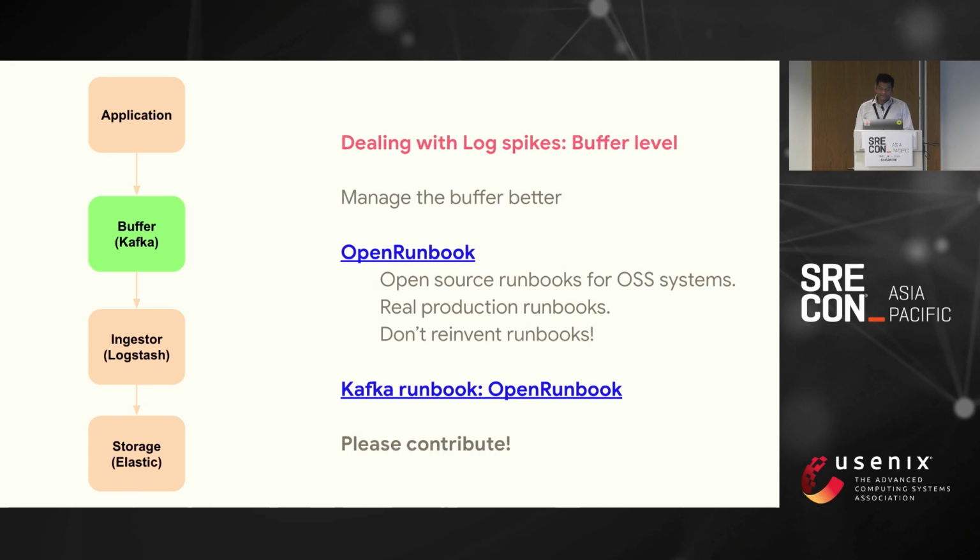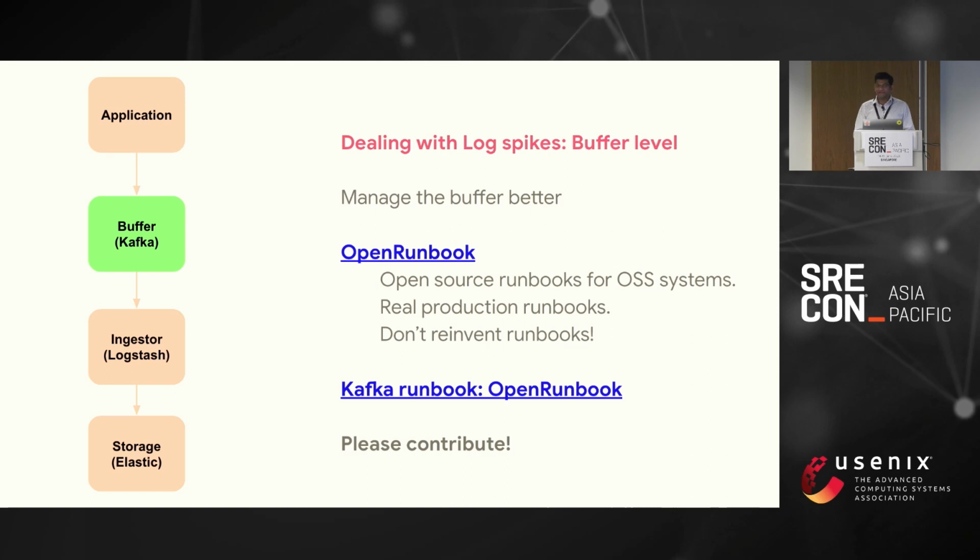So what I actually did is start a new project called Open Runbook, where we are collecting production runbooks from various open source systems and various companies, and putting them in open source. The reason is that as I moved from company to company, I was rewriting the same runbook from scratch, and most of the time I was relearning the same lessons I already knew.